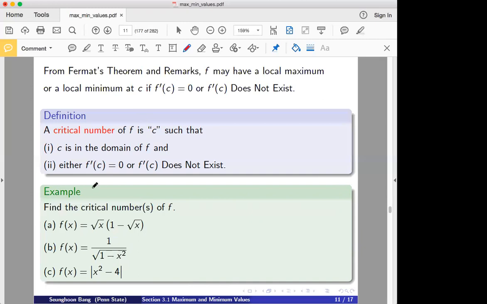What is the procedure? First, calculate f prime of x. Next, find where f prime of c equals 0 or does not exist. The last step is to check whether this number c is in the domain or not. This is the whole procedure for finding critical numbers.